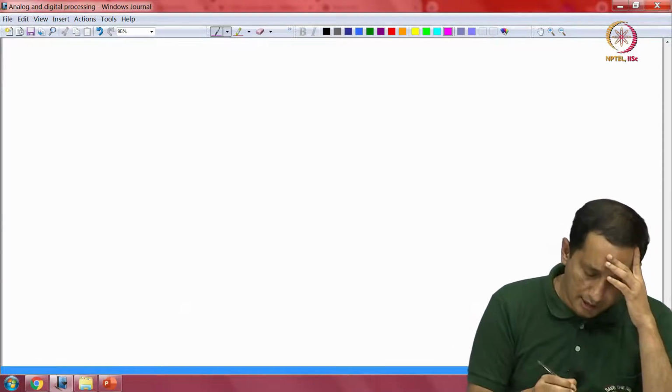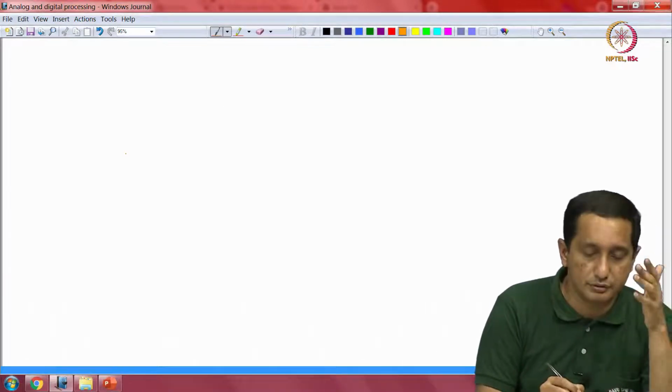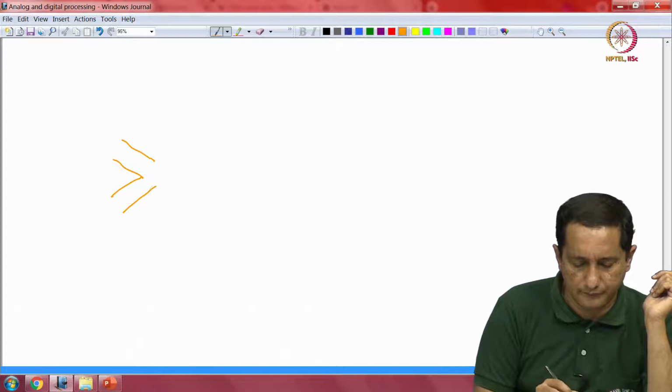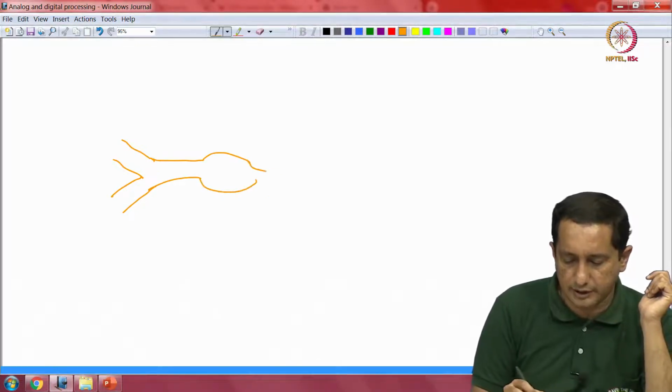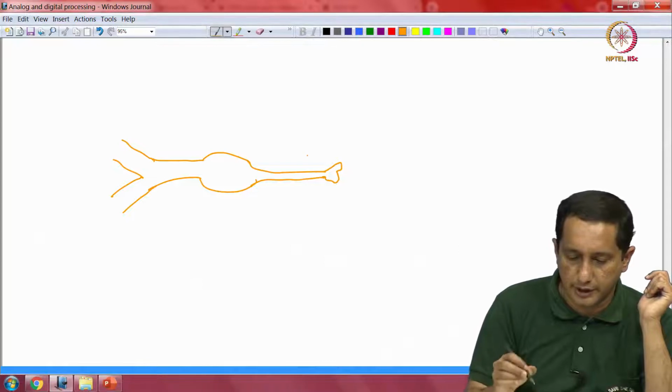So I wanted to draw a circuit in which we look at the issues of how information actually gets transferred across, and we will try to look at how the information transfer is very different in different places.